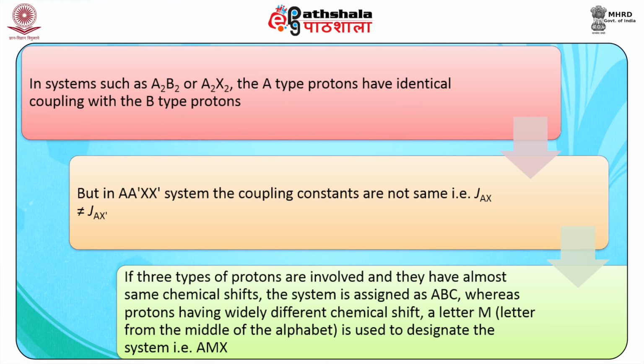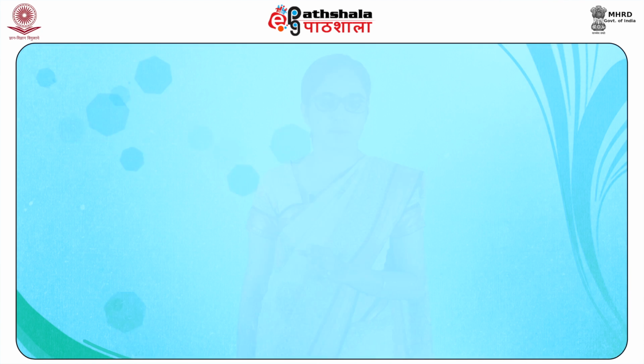If three types of protons are involved and they have almost the same chemical shifts, the system is assigned as an ABC system. Whereas for protons having widely different chemical shifts, the letter M, a letter from the middle of the alphabet, is used to designate this system, that is the AMX system.